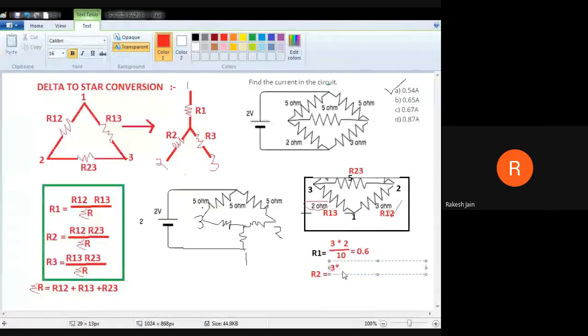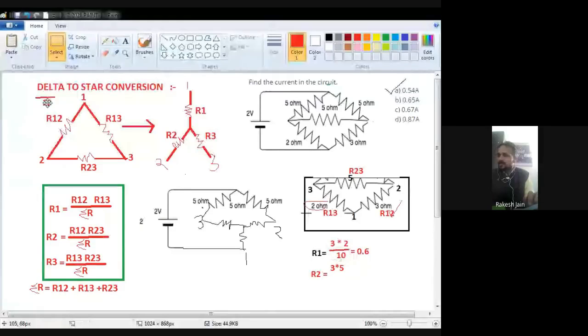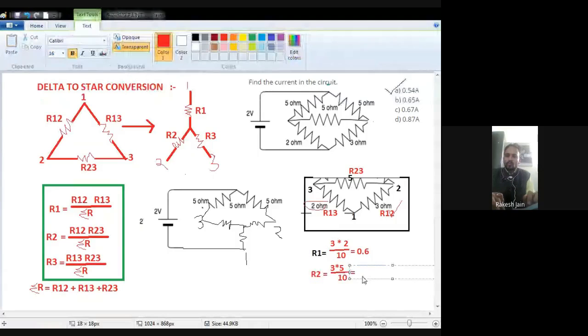Now I want to find out the answer of these three resistances. Okay, now how can I find out the answer of these three resistances? This resistance is of 5 ohm, this one is of 5 ohm. Now how can I find out the value of R1? Now see very carefully, I am doing it fast. R1 is equal to R12. So which one is R12? That is connected between first and second.